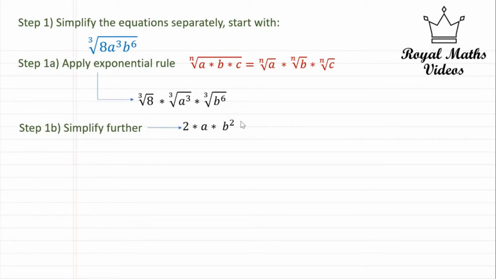This is because you do simple division. So this is itself 2, but over here 3 divided by 3 becomes 1, and anything to the power of 1 isn't really shown, so it's just a, and then 6 divided by 3 becomes 2. Okay, now that's the first part of the expression done.